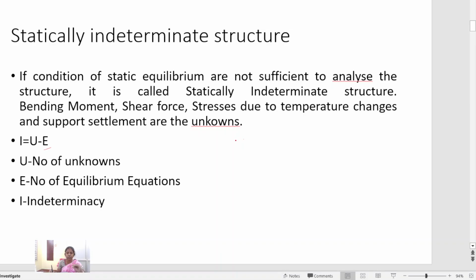What is meant by degrees of freedom? As the name implies, it indicates what are the parameters that the structure or the end condition or the support condition can allow. That is the freedom of degrees of freedom. What are the parameters allowed is known as kinematic indeterminacy.